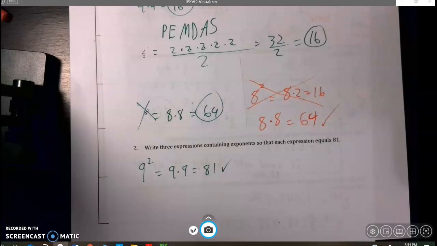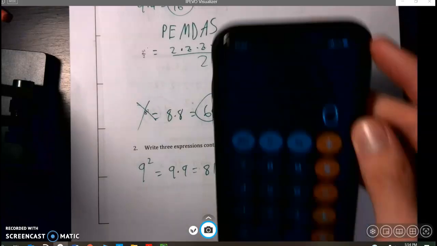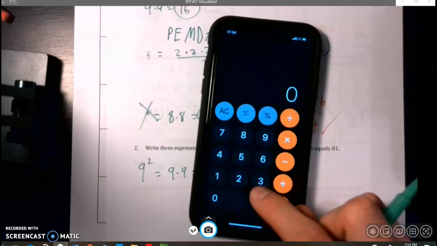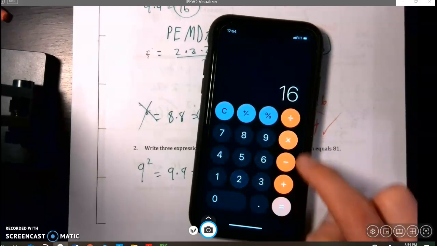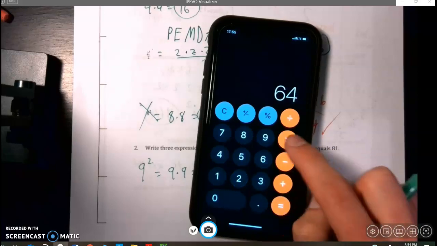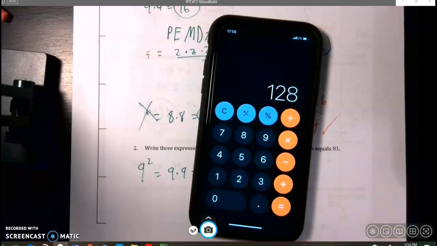Okay, let's see. Will 2 to an exponent get us to 81? 2 times 2 is 4, times 2 is 8, times 2 is 16, times 2 is 32, 64, 128. Now it jumped right over it.